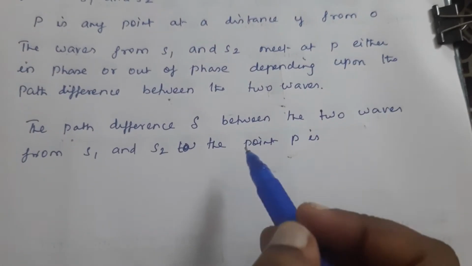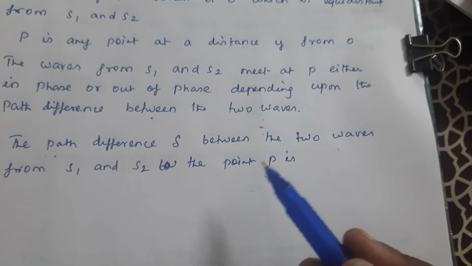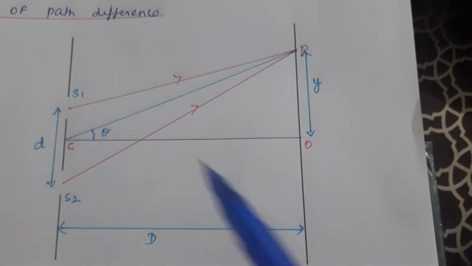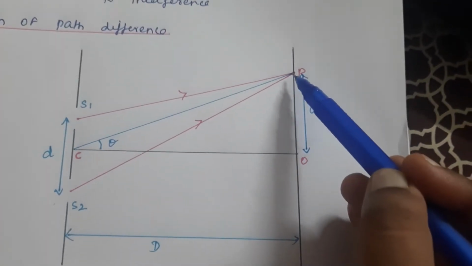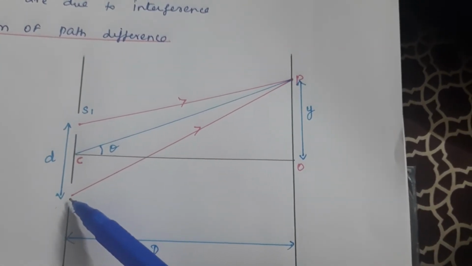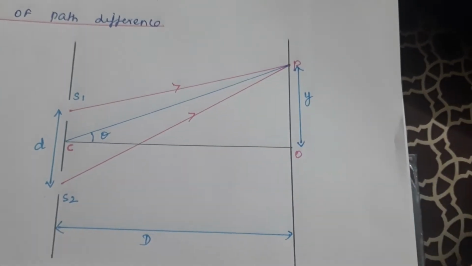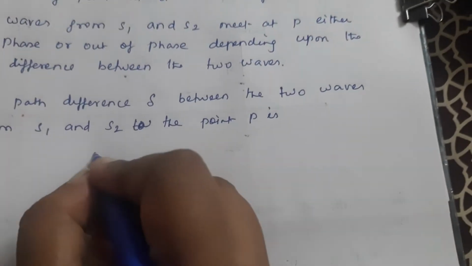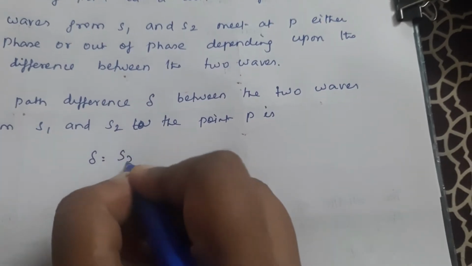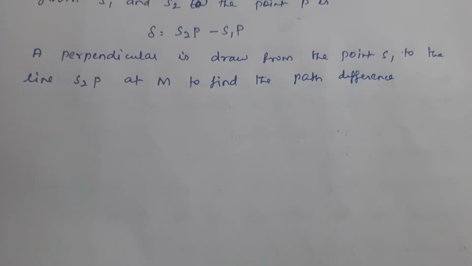The path difference delta between the two waves from S1 and S2 to the point P is S2P minus S1P. So I can write delta is equal to S2P minus S1P.